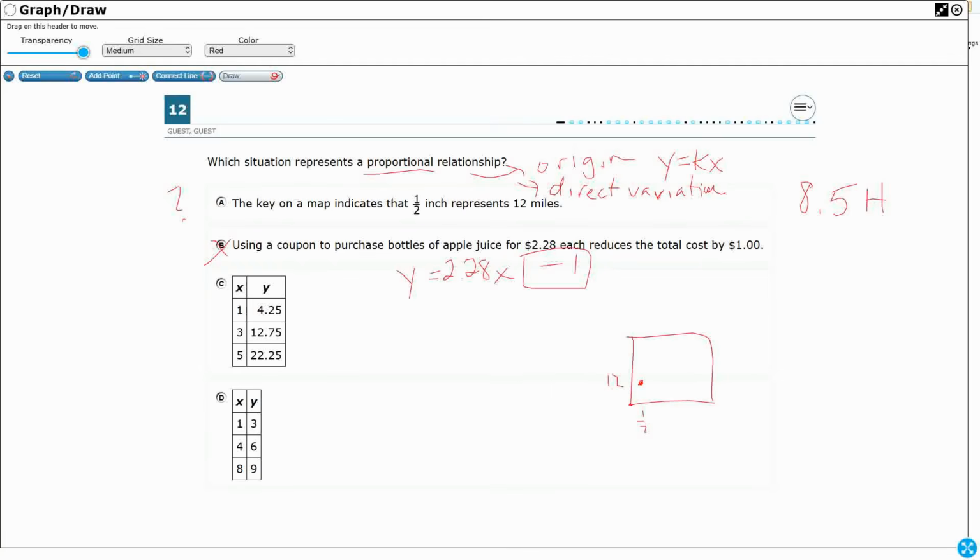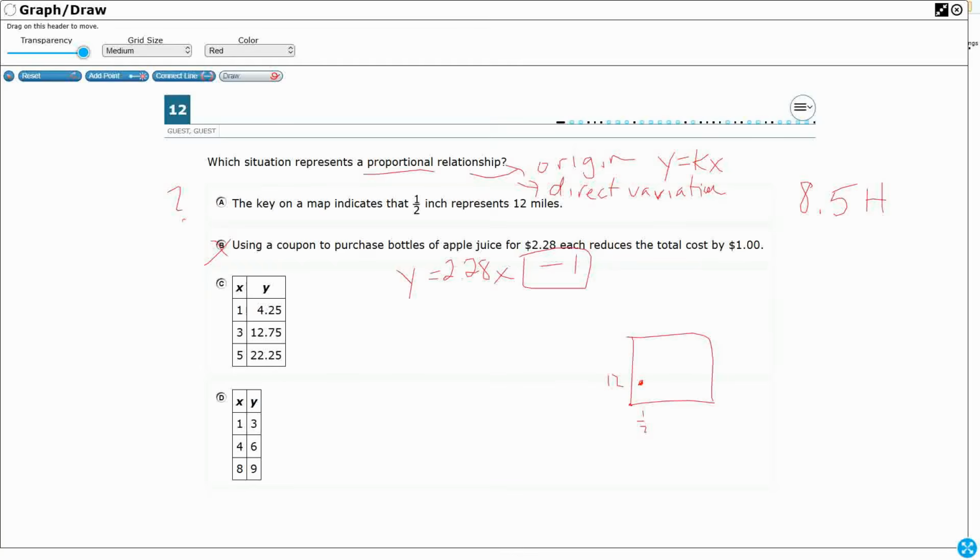Now we've got two different tables. So it should theoretically work to figure out how we're going to do this with tables, but even that sometimes can be a little bit challenging. So let's look at C first. In order to figure out what our slope is, we need to just find the difference between these two values here.